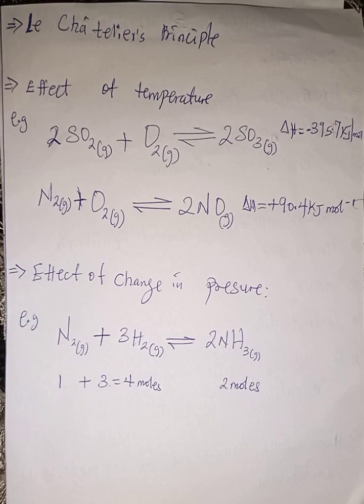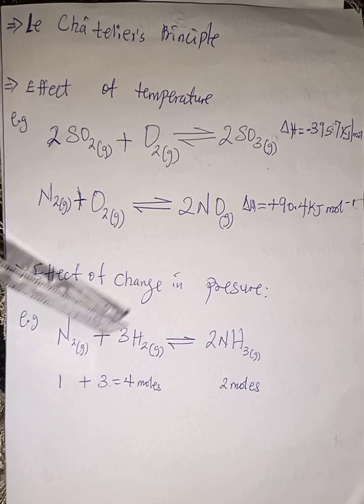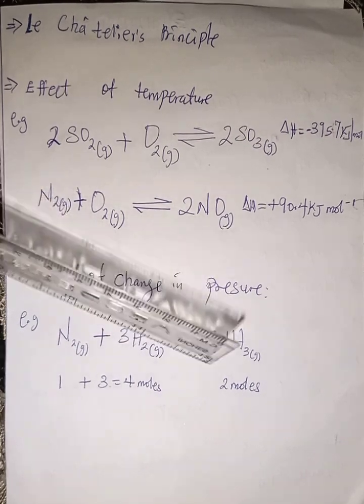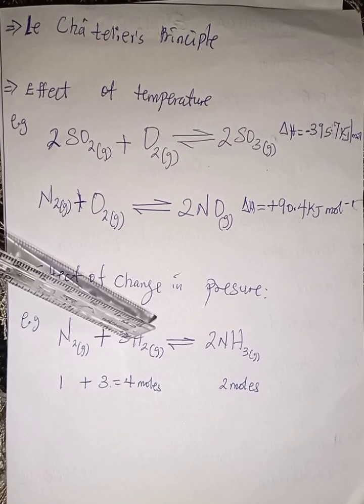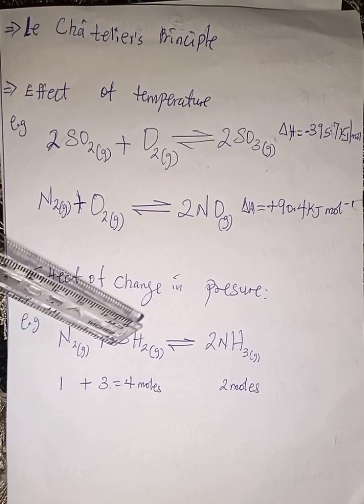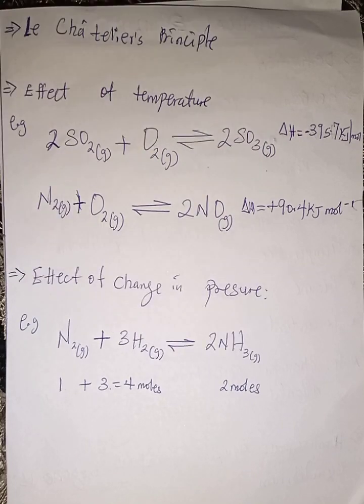So if we have this reaction, like what we're having here, we have nitrogen reacting with hydrogen to form ammonia. So we have one molecule of nitrogen reacting with 3 molecules of hydrogen to form ammonia, all in gaseous state.